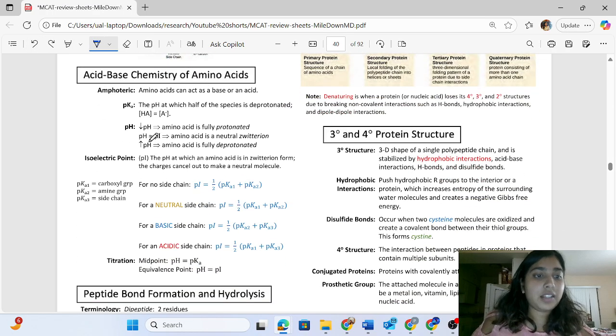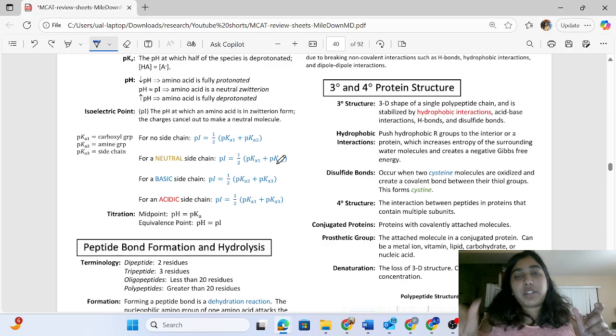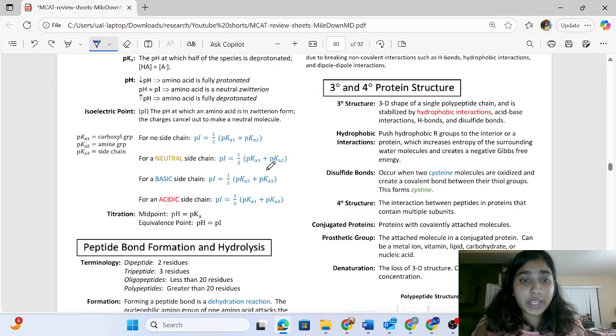If you have neutral side chains, for example serine, threonine, those kinds of amino acids, then you can just take the pK values, which would be given to you mostly, from the carboxyl side and from the amino side, add them and divide by 2, and you will get the isoelectric point for the neutral side chain. Same when there is no side chain, for example in glycine.